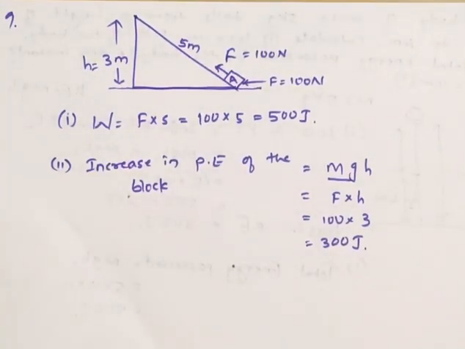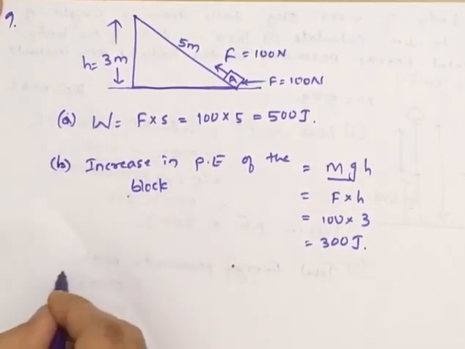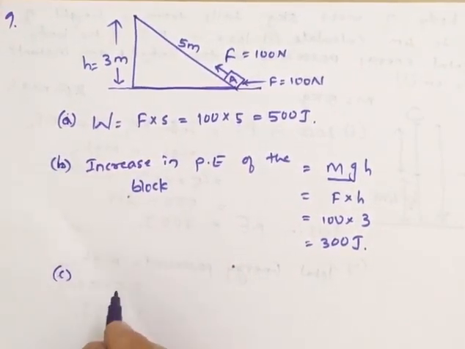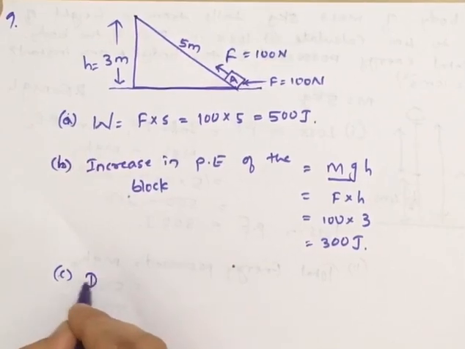Okay. Then the C question. Sorry, this is A question, this is B question, this is C question. Account for the difference in the work done by the force and the increase in potential energy of the block. So what is the difference?